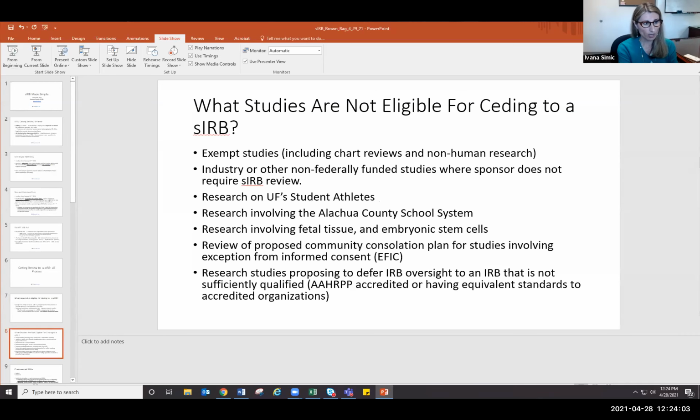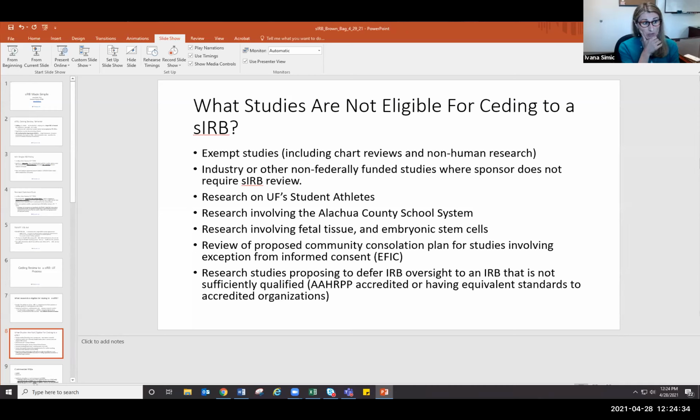Now, what studies are not eligible for seeding to a single IRB? Obviously, as I mentioned, exempt studies, which includes chart reviews and non-human studies. Industry or other non-federally funded studies where the sponsor does not require a single IRB review. And I will go back to that in a little while. Research on UF student athletes, research involving the Alachua County school system. And by the way, these are institutional standards rather than the IRB standards per se.